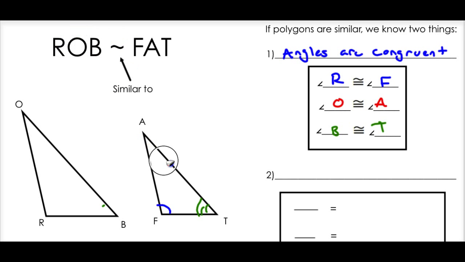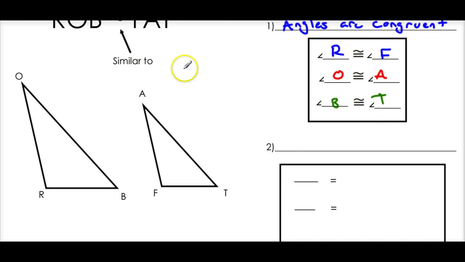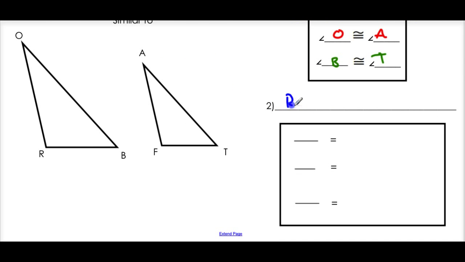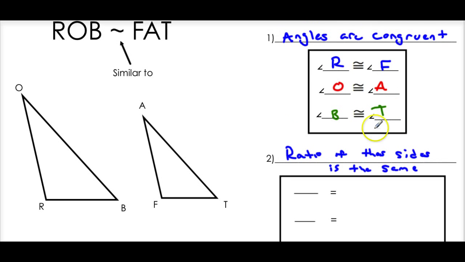Don't forget that. Now the second property we know is that the ratio of the sides is the same. Now, what do I mean by that? Well, let me tell you this.